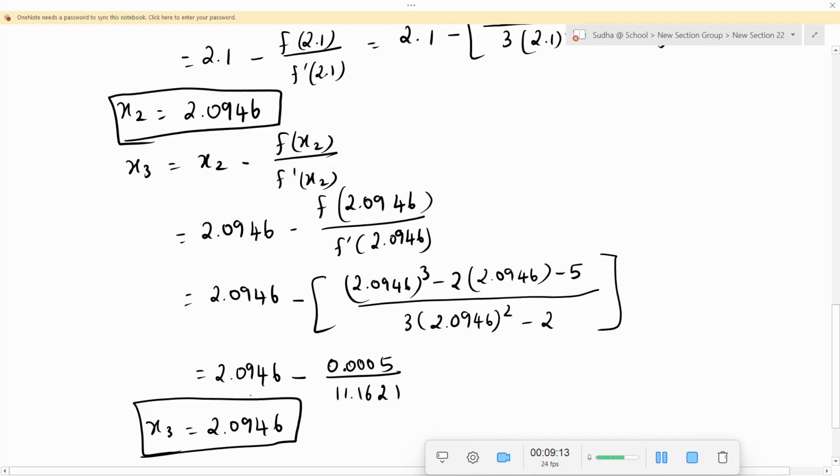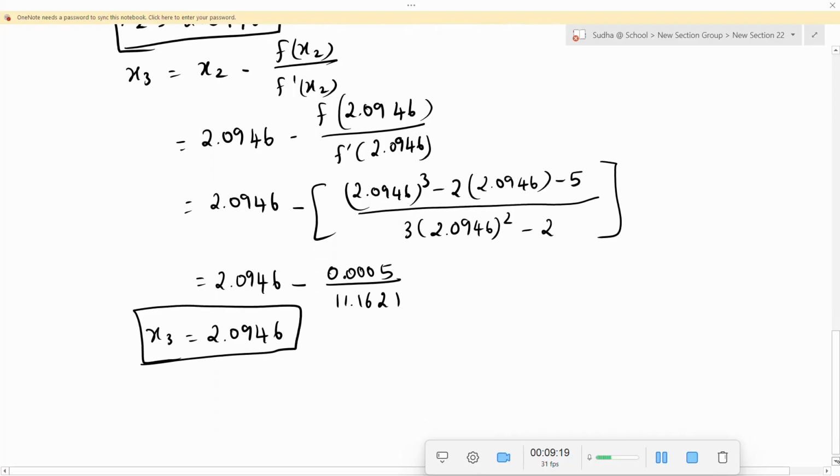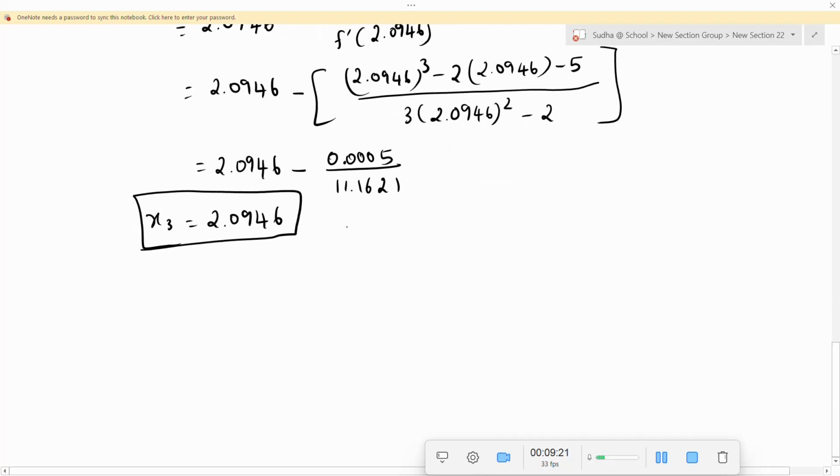So the better approximate root is 2.0946. Let us see one more problem in the Newton-Raphson method.